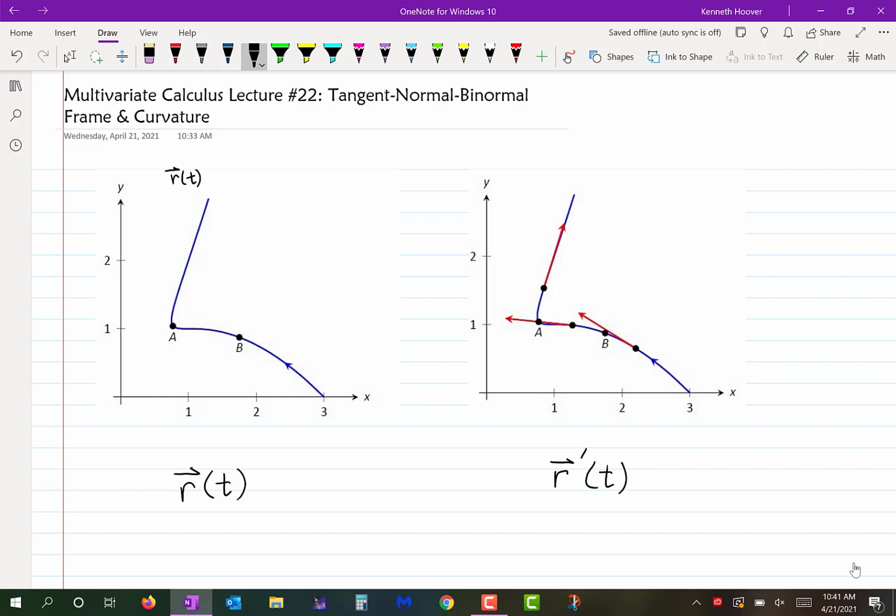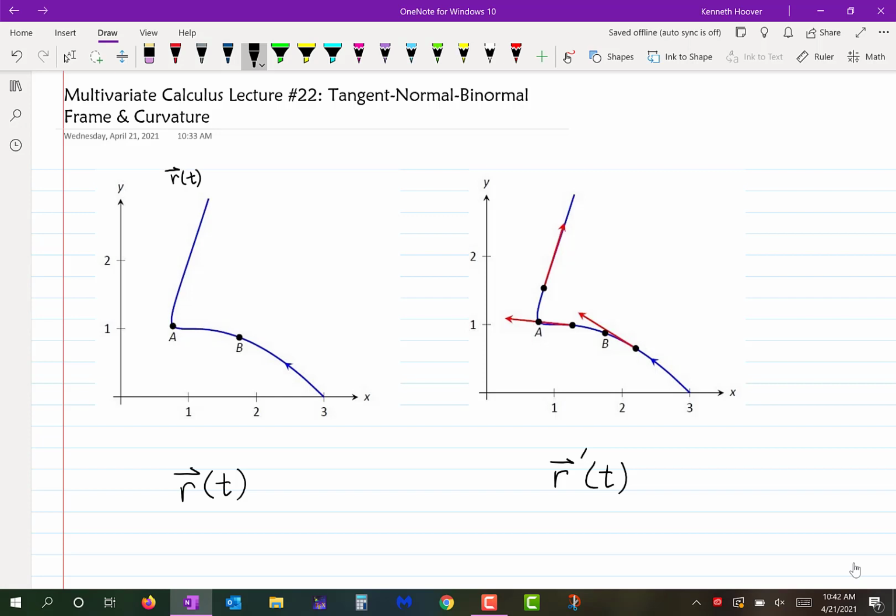Because remember that the derivative in a real valued function, the derivative tells you the slope of a graph. And for vector valued functions, the derivative of a vector is a vector. It's not a number. Okay, for a real valued function, the derivative at a point is a number, and it tells you the slope of the graph at that point.